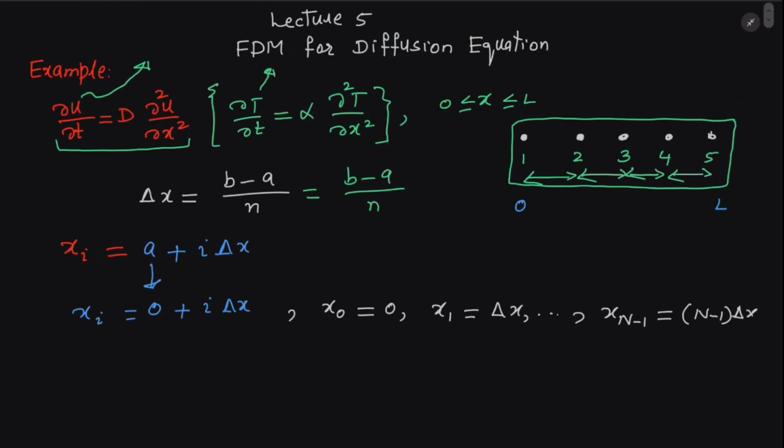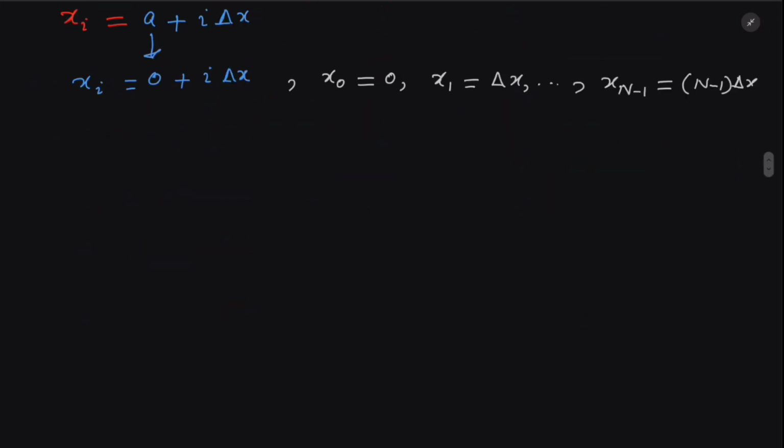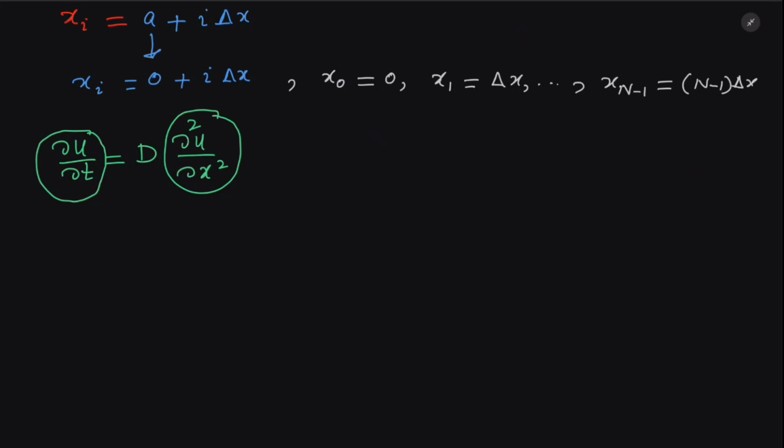Let me just solve this diffusion equation over here. And I write the equation again: partial u by partial t is equal to alpha, not alpha, but D, partial square u by partial x square. In this equation, there are two kinds of derivative. One is the time derivative, and another one is the space derivative.